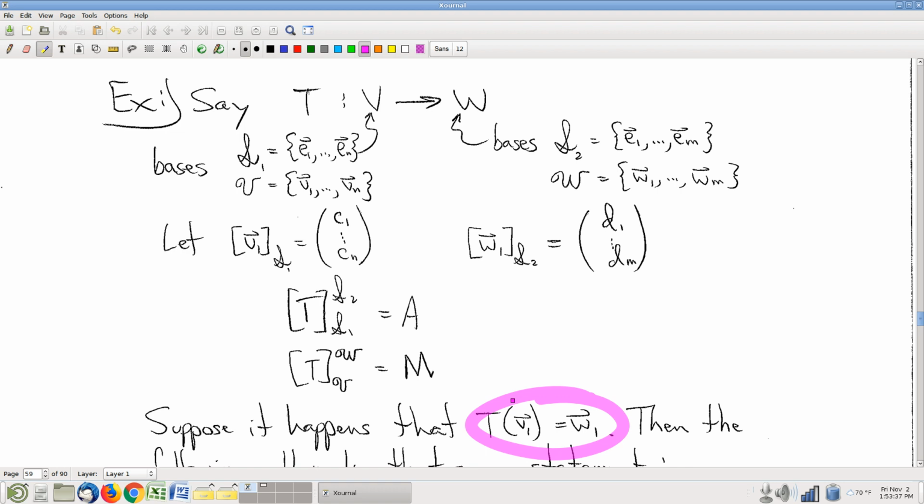With all of this setup having been made, and by the way, not particularly rare, very often we have a domain with which there are different bases that we might want to work with. Likewise, the target. There might be different bases that I would want to work with. Suppose T of V1 is equal to W1.